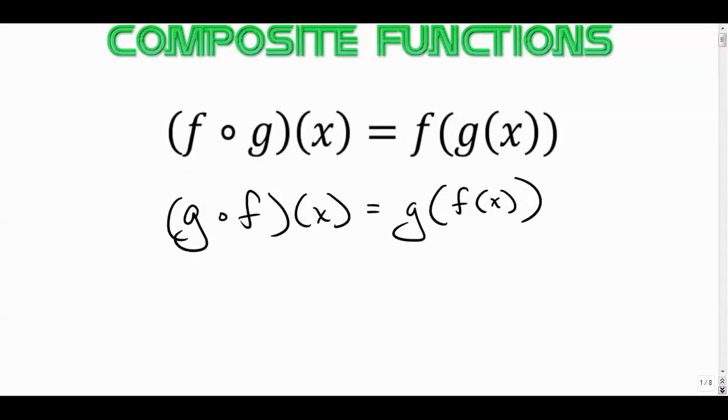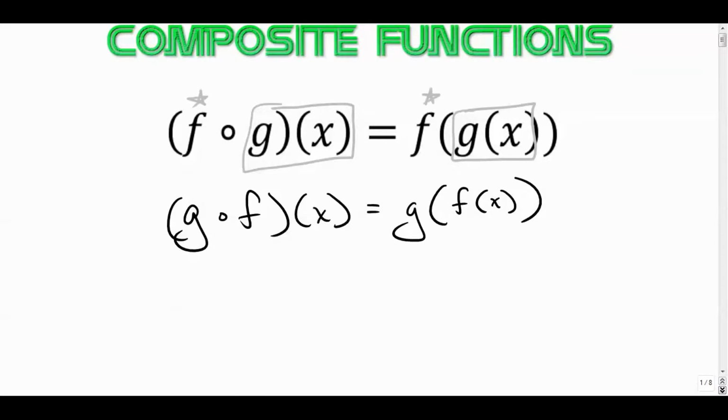So what you're looking at here is basically that the first function I look at is the letter that's closest to x. That one is sort of nested inside of the one that's out here.